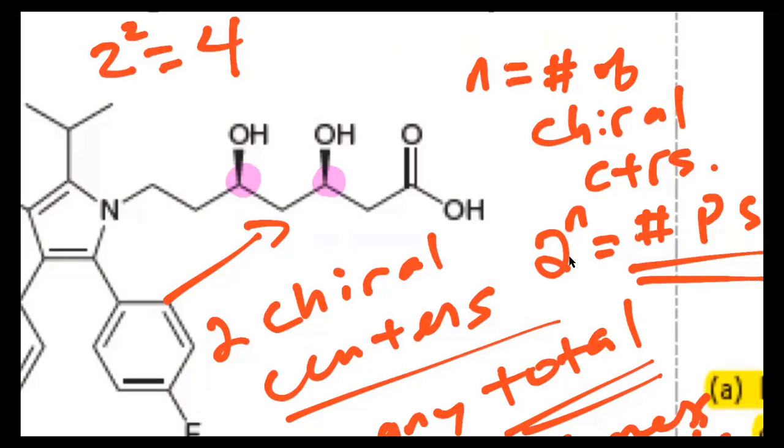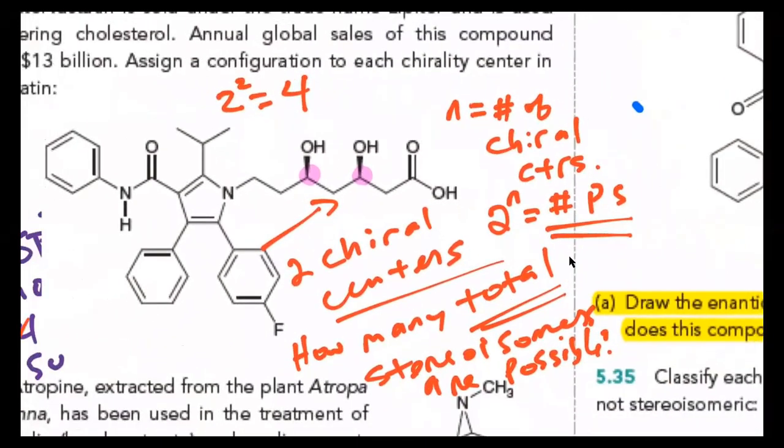Does that make sense? You know that these other possibilities exist, but you only need this one specific one. That's why you see this molecule and not the other 3, because this is the one that works.